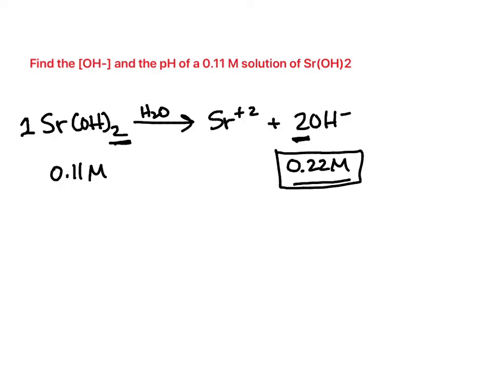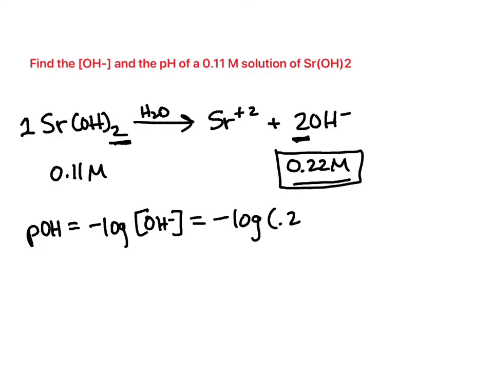And now we need the pH of the solution. So remember, this is a base. So we can take the negative log of that concentration. And when we do, we'll have the pOH. So negative log of 0.22. And when we do that, we get 0.66.